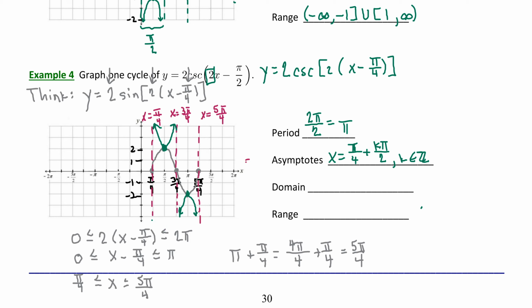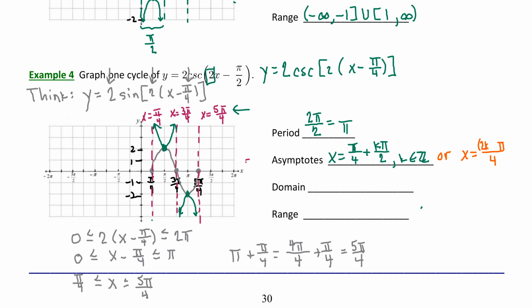Or if you notice in the pattern of the asymptotes that we wrote up here, they are all odd multiples of pi over 4. So another way to express this location would be to indicate that we're dealing with odd multiples of pi over 4. Now, how do I write an odd number in the form of a formula? Well, if k is an integer, then 2k is an even integer, right?